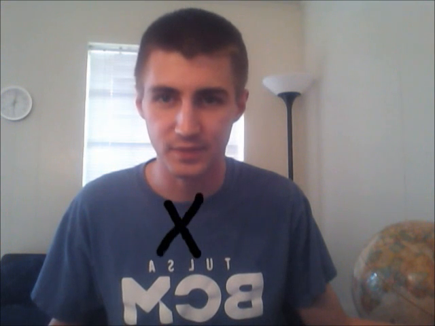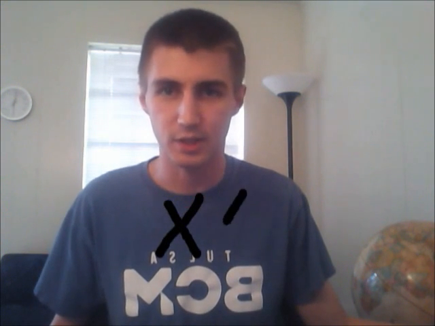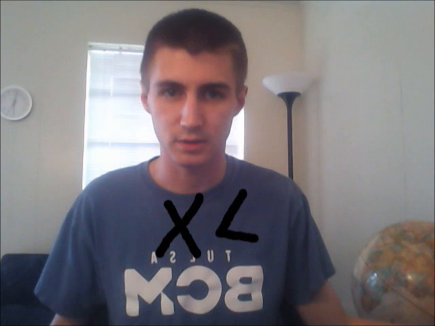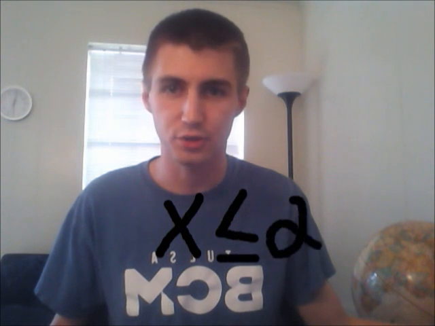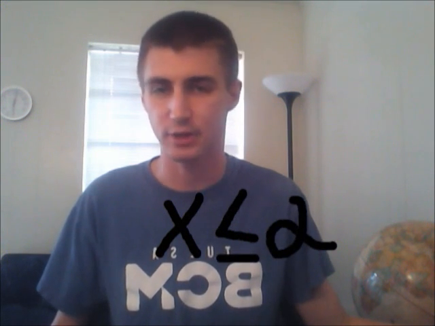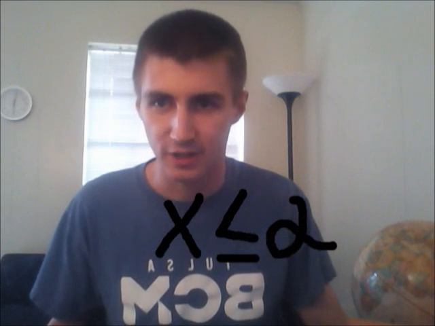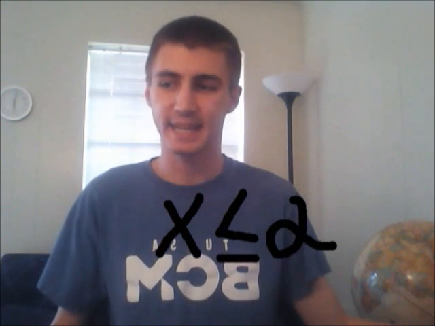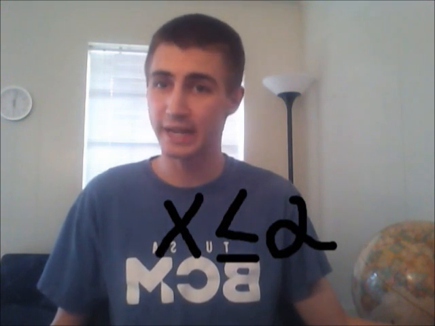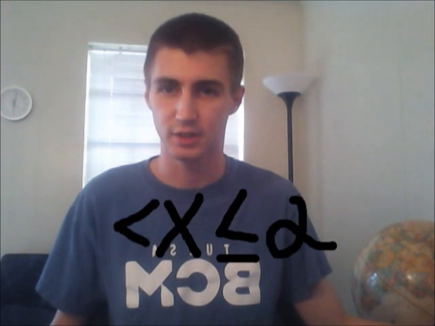Now, how we express that is you're going to be either drawing it on a number line or expressing it in this way. So we have x. Now we know that 2 is going to be greater than or equal to x. And alternatively, we know that x can't be any more negative than -2.